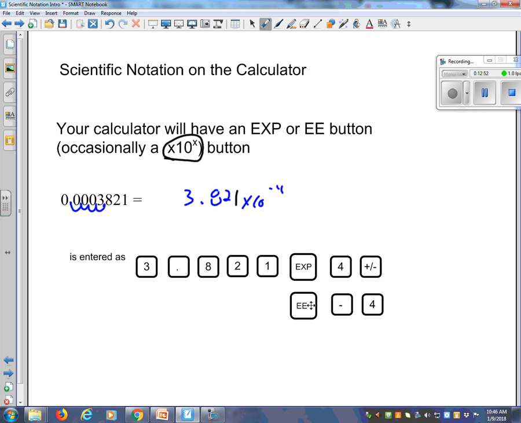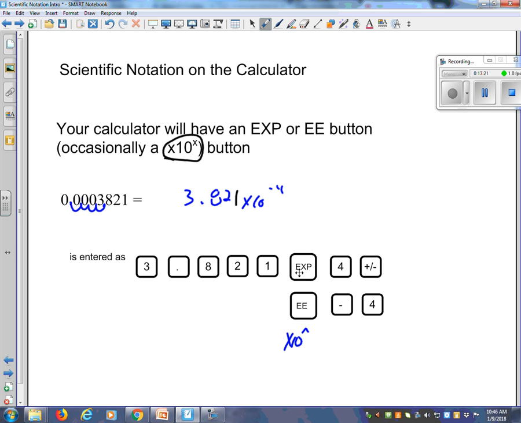Do not, I repeat, do not go times 10. Your calculator is not designed that way. The EXP means times 10 to the power of. I've said that 3 times, and there are still 3 people in the room who are going to try to do that. Don't.